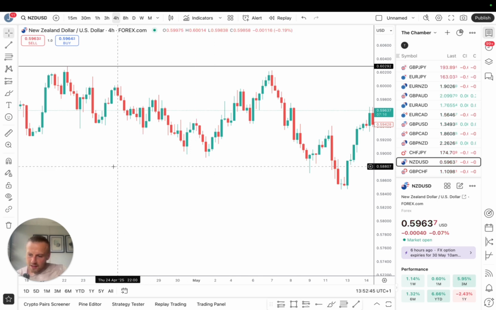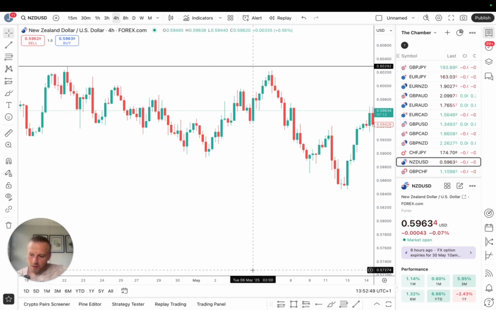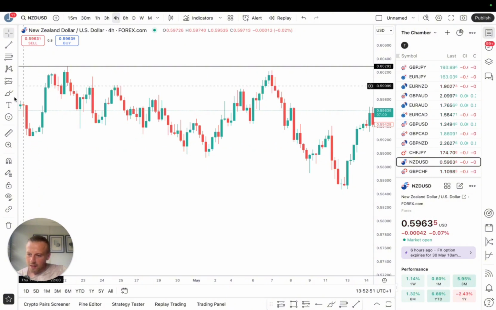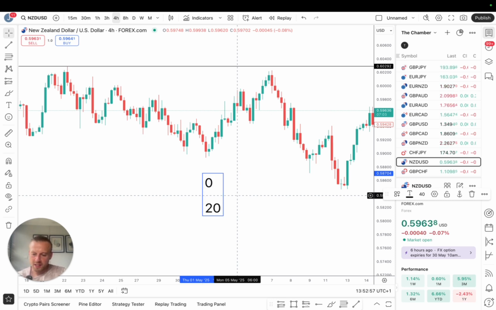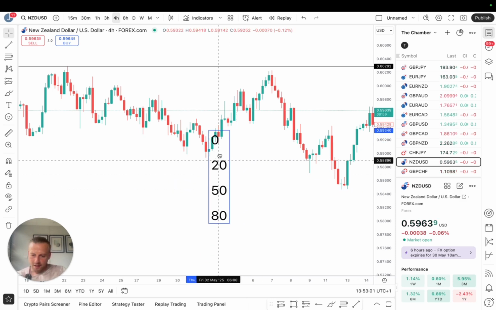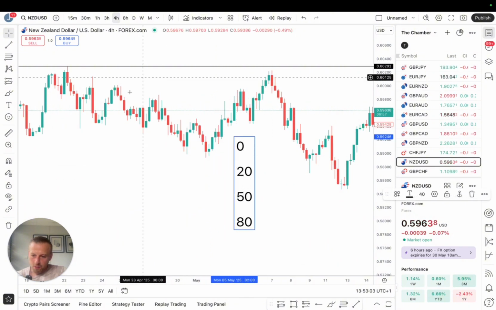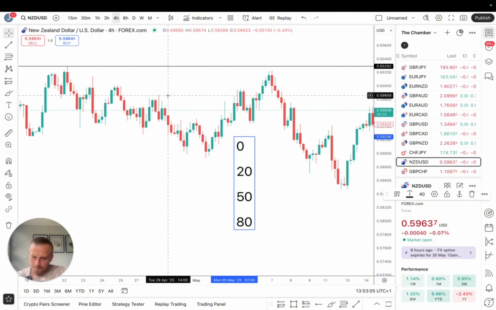So firstly, as I said, there's four key numbers that we want to focus on, right? 0, 20, 50, and 80, okay? So these are the numbers I'm talking about. I'm going to break down on the chart how we use them. If we focus on this number, this is obviously the price number.